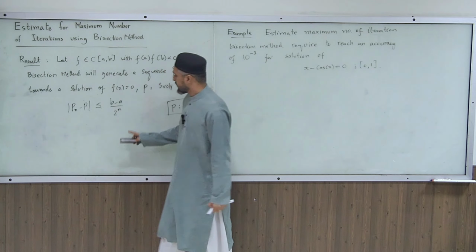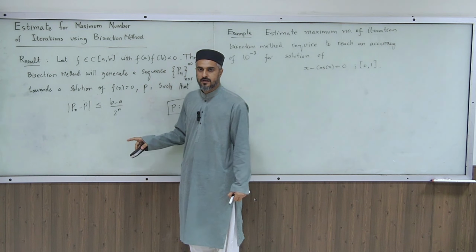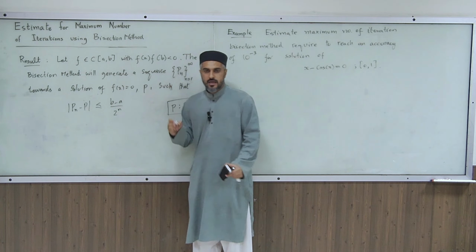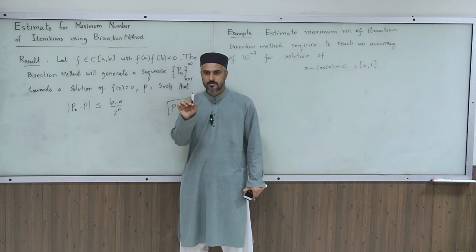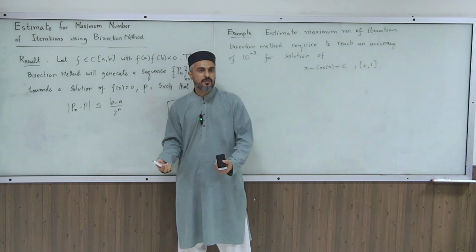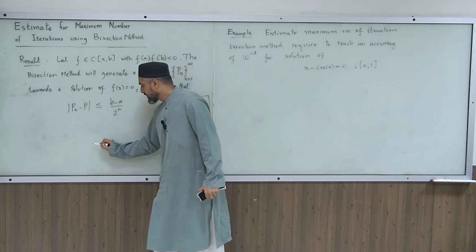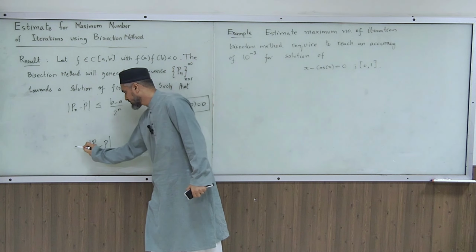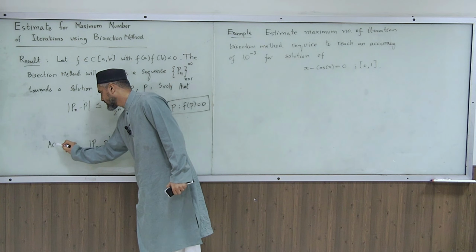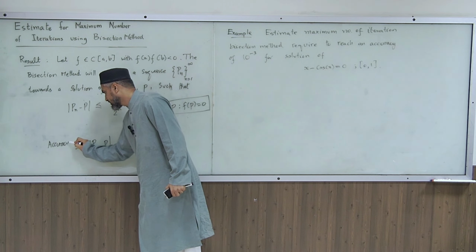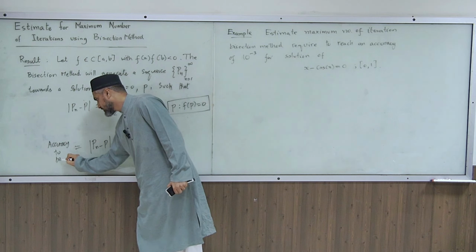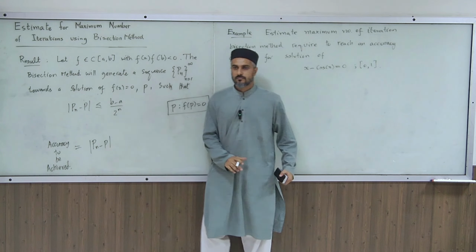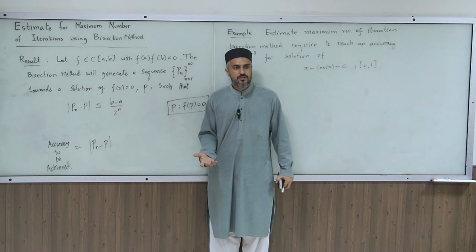And by the way, what are a and b? They are the endpoints of an interval. What is n? n is the point where we have to stop to get a certain accuracy. Can I also call this the accuracy I actually wanted to achieve?